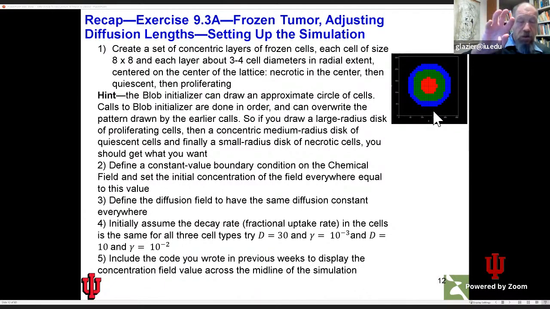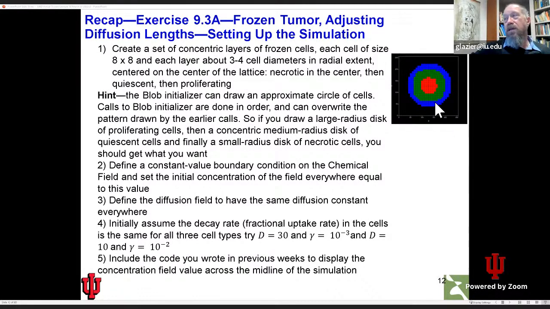And so if I draw a circle of cells with blob initializer, and then I draw another circle of cells in the same place, that second draw will overwrite the first draw completely. And so if I want 3 concentric rings like the ones I've shown here, it's pretty easy to do. I draw the big blue disk first, then I draw the green one on top of it, and then I draw the red one on top of that.